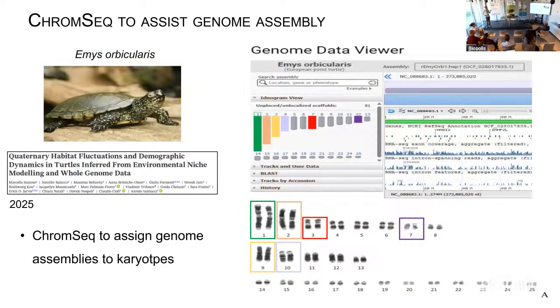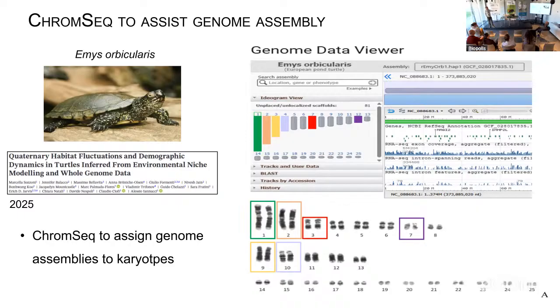The last example I'm showing you about chromosome sequencing to assist genome assembly is the example I showed you in the beginning. We performed some preliminary chromosome sequencing analysis of the species that is already published in that paper that came out a couple of months ago. And as you can see, we managed to microdissect 6 of the macrochromosomes of the species.